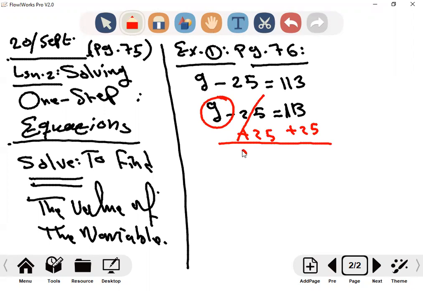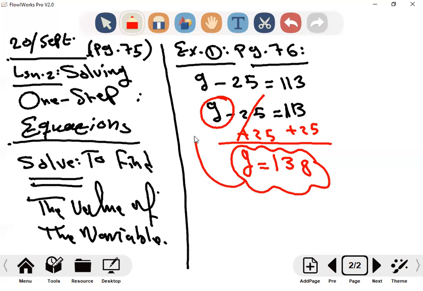Still G. G equals, here add the two numbers, it will be 138. This is the value of G, 138. We call it the solution of the equation. To check your answer, you go to your equation and replace G by 138, then minus 25. If you have a different answer, your answer is incorrect. Okay, done.